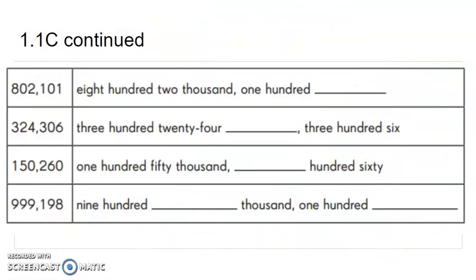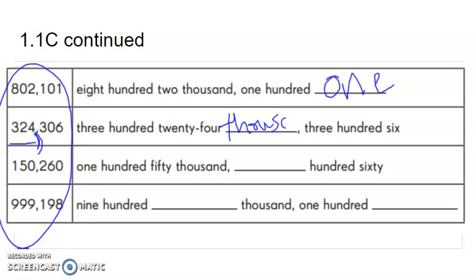All right, so we have some standard form over here. Then they're giving us word form, but we have blanks to fill in. So let's see if we can fill those in together. This first one, 802,100. One is what we're missing. Next one, 324. What do I say when I get to the comma? Thousand. Now, side note, once we get to millions, we'll have 2 commas and we'll say million and then thousand.